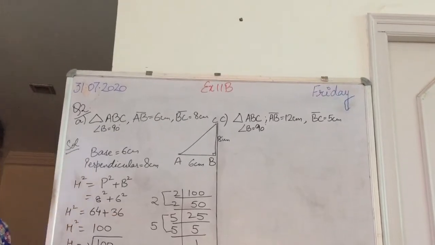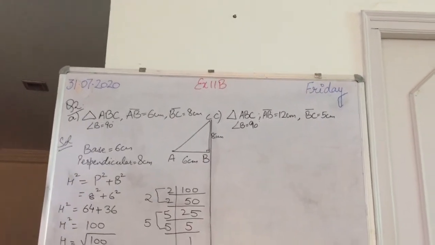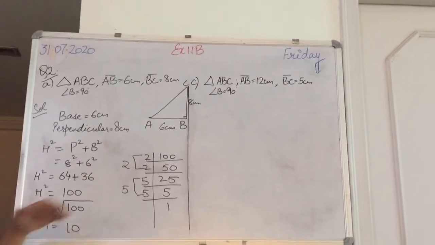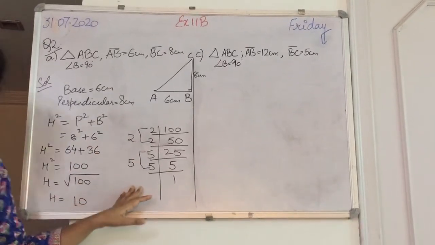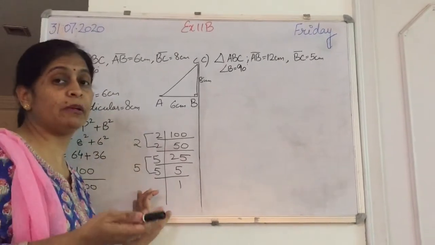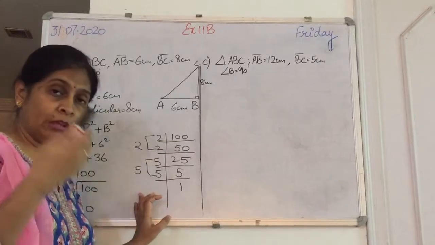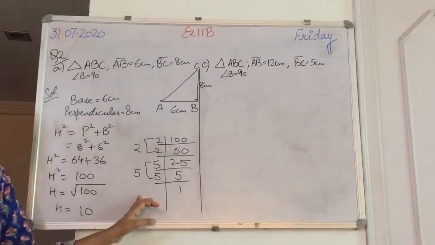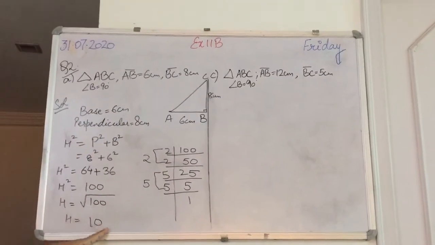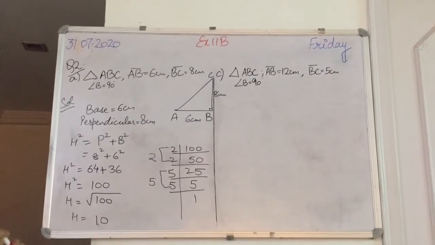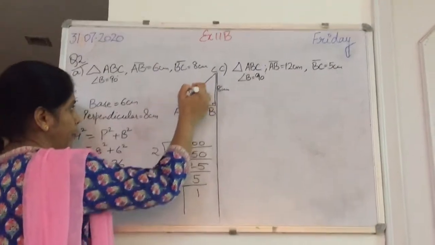So prime numbers are 2, 3, 5, 7, 11, and so on. It is not necessary that it will be divisible by 2, 3 or 5 only. It can be divisible by 13, 11, 17 and so on. So under root of this is 10. So hypotenuse we get it as 10.